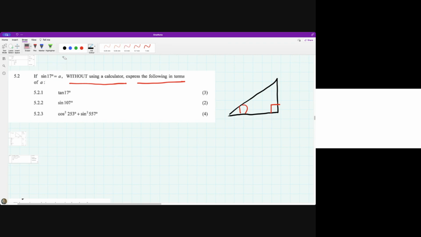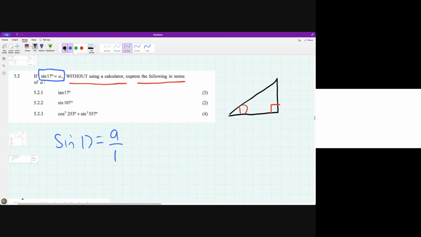I've got a problem. I need two sides here before I can get the third side with Pythagoras. Can you tell me how I can get two sides out of this piece of information here? So the sneaky thing that we always have to remember is that a can be written as a over 1.